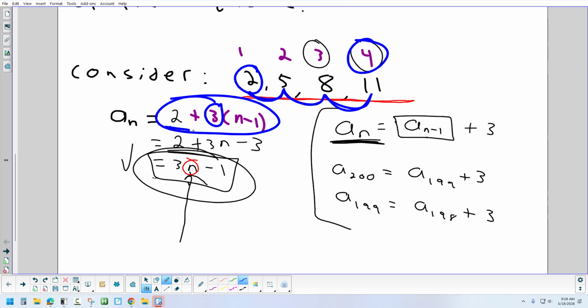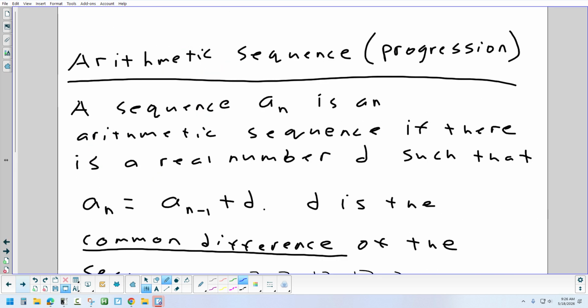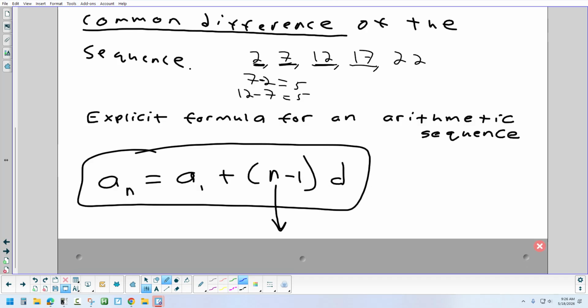So we're going to write this down. We're just going to put it in a more general way, rather than writing it specific like that. So that's exactly the pattern that we had in the first problem. a sub 1 is the first term. And then whatever you're adding to get from one term to the next, add it one less than the number of times for the term you're trying to get to.